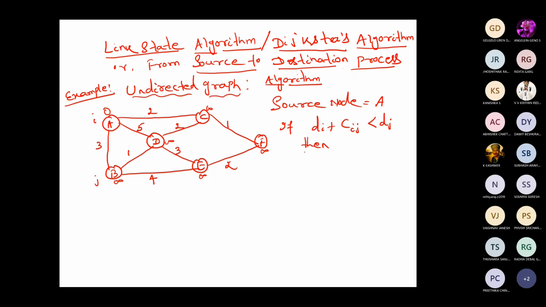The dj value can be replaced with the new dj value: d of j is equal to the same d of i plus c of ij.